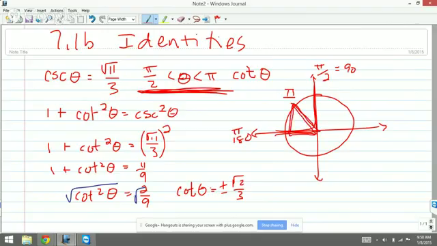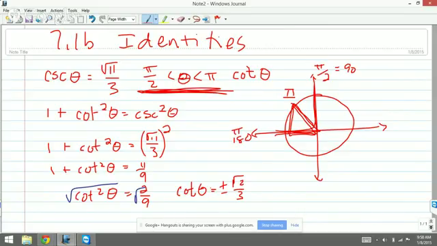If I draw a right triangle, cosecant is root 11 over 3, right? And that's hypotenuse over opposite, because cosecant is the reciprocal of sine. Sine's opposite over hypotenuse.